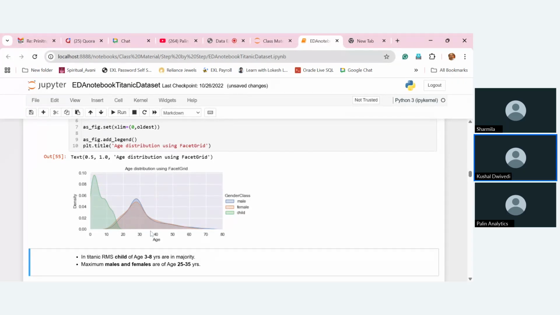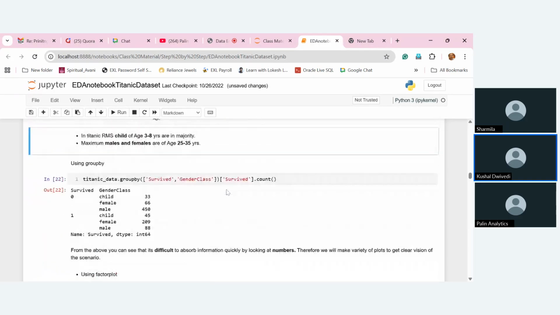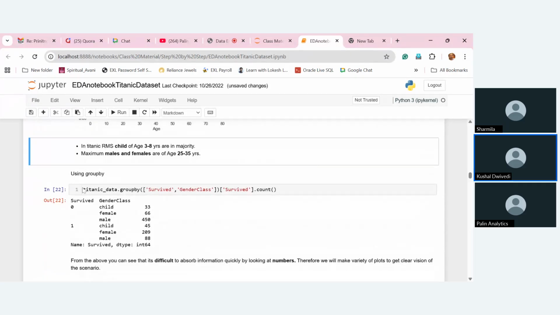This is the main range, although people are there of more and less age also. The child age is 3 to 8 years, and mostly males and females are from 20 to 35 years.